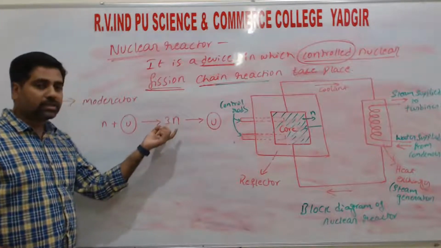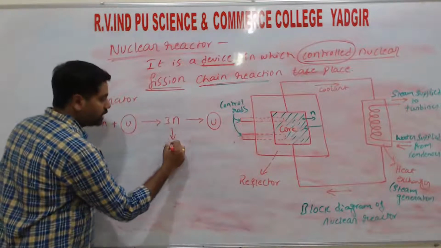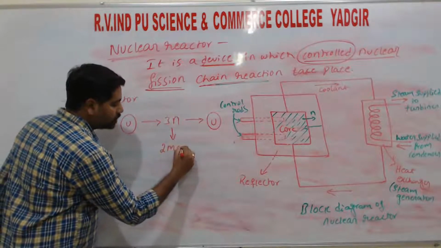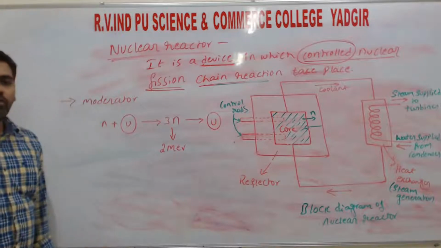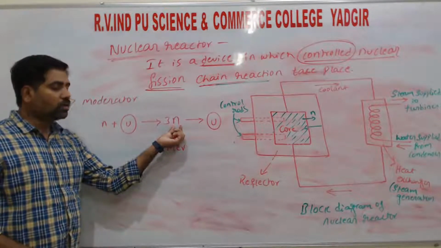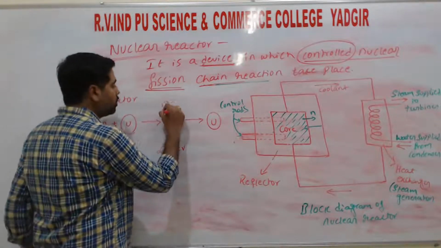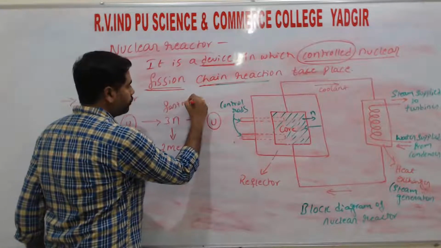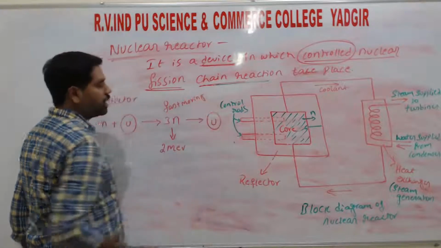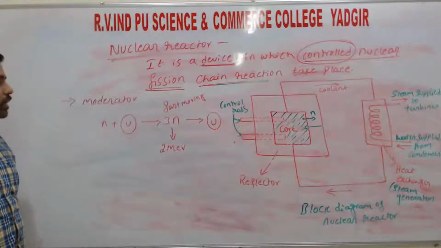These three neutrons have the highest energy, about 2 mega electron volt. That means these are very fast moving neutrons.